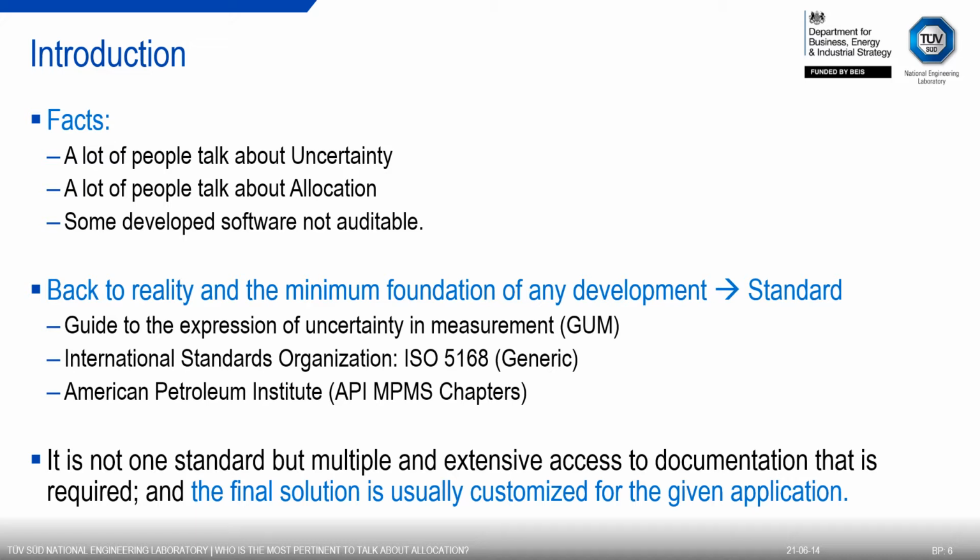And the API chapters, following the cases where you are with oil or with gas, in terms of allocation. So it is not one standard, but multiple standards that you will need to handle, with sometimes access to a lot of documentation to refer to each flow meter that you will have in your allocation process, and you will need to customize a solution for the given application. There is not one software today which is capable of doing everything.